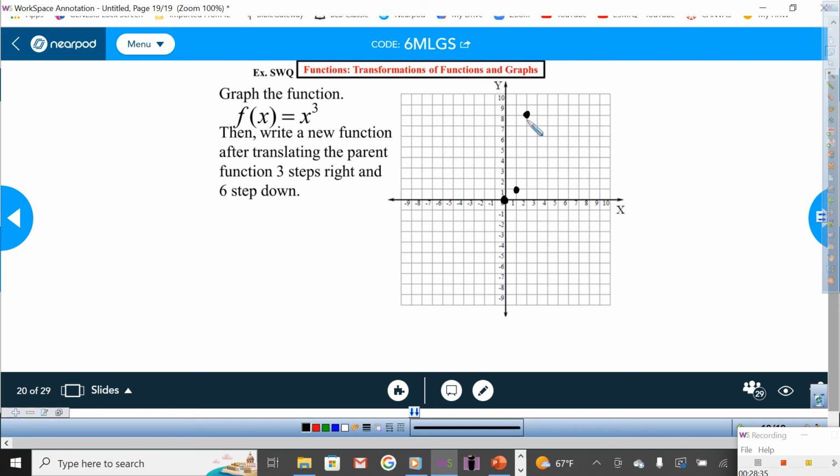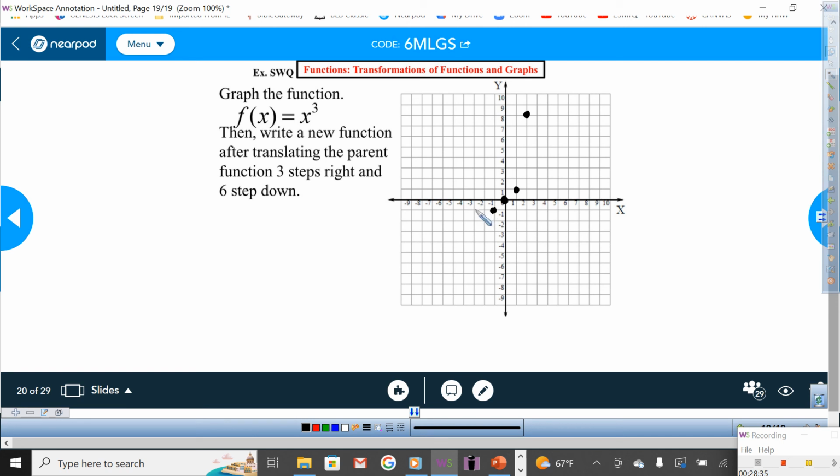All right, so I already have 0, 1, and 2. Now I'm going to go the other way. 0, negative 1. What is negative 1 cubed? Negative 1 times negative 1 is 1, times negative 1 is negative 1. What is negative 2 cubed?